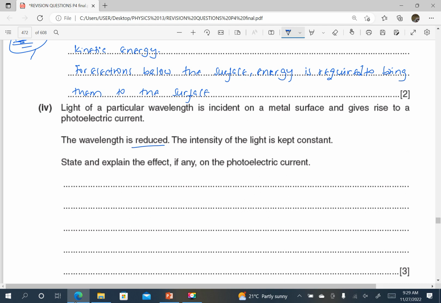Intensity is not changing, the wavelength is reduced. State and explain the effect, if any, on the photoelectric current. That is, the effect on the number of electrons emitted per unit time. The wavelength is reduced, but the intensity is not changed.